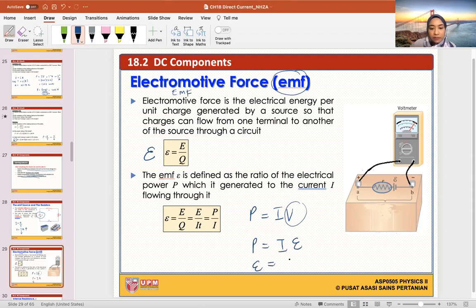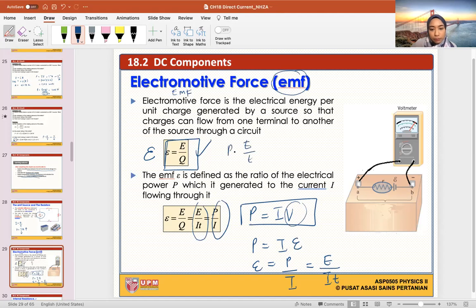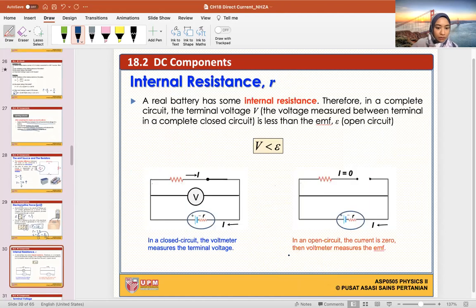So EMF is P over I. And we know that P is equal to energy over time, so EMF is E over IT. This is the equation you need to remember, because the rest you can just substitute, assuming that you remember P equals IV and E over T is equal to P. These are the variations of the EMF equation through substitution.